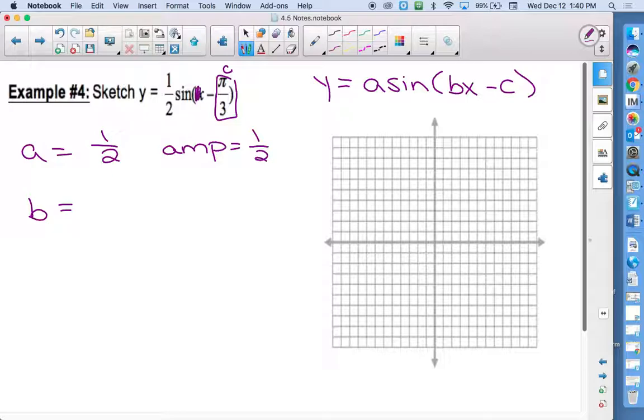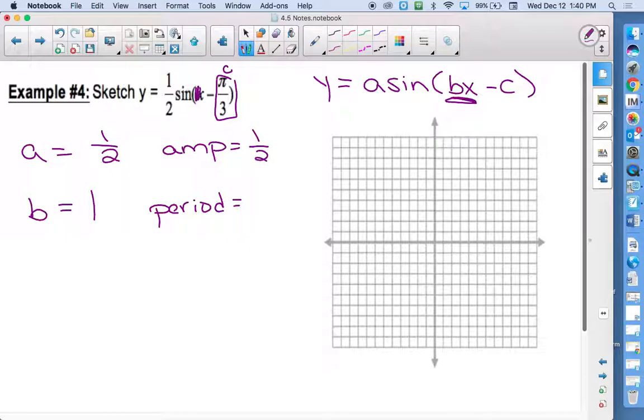So c is pi over 3. That whole thing there is c. The b value is just 1, because the b value is whatever is sitting with x. Well, the number sitting with x is just 1. c is beyond that, behind that in the parentheses. So the b value is 1. That 1 helps us find the period.